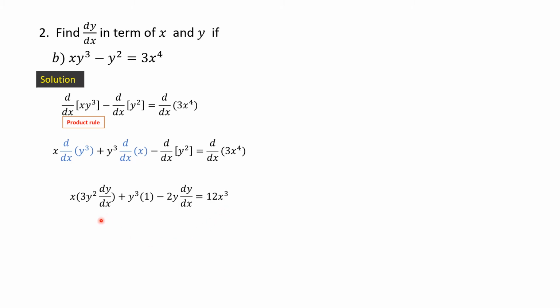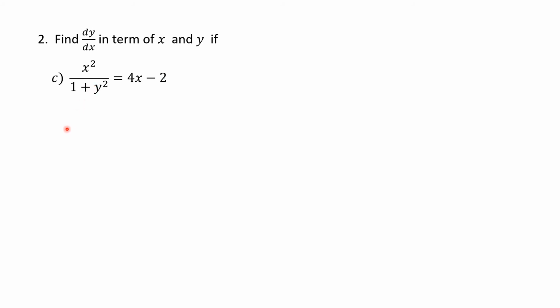So we have two terms with dy/dx here and here. So we factorize dy/dx: (3xy square minus 2y) equal to 12x cube minus y cube. Therefore, dy/dx equal to (12x cube minus y cube) over (3xy square minus 2y).